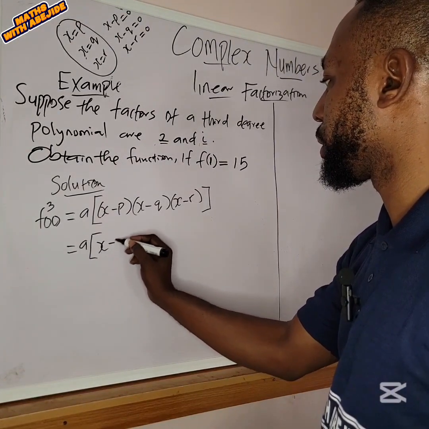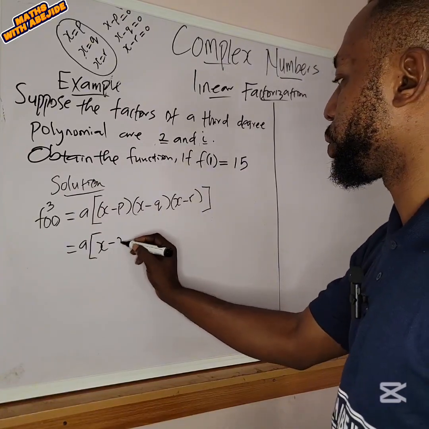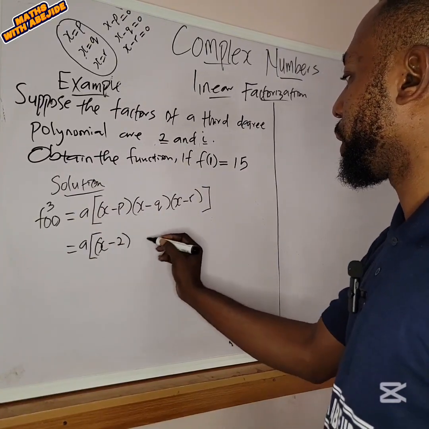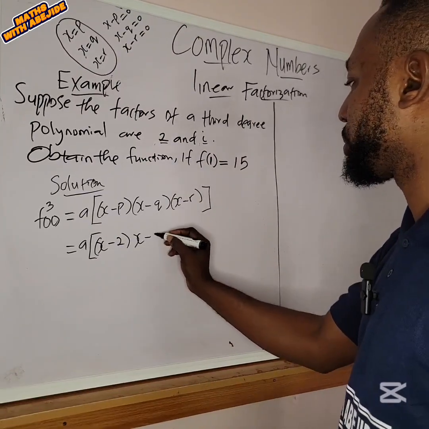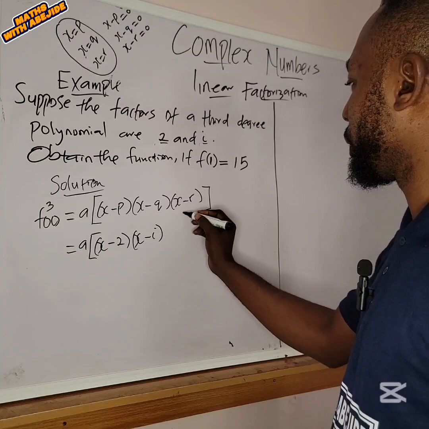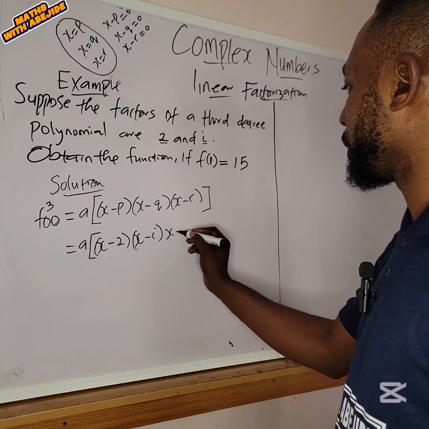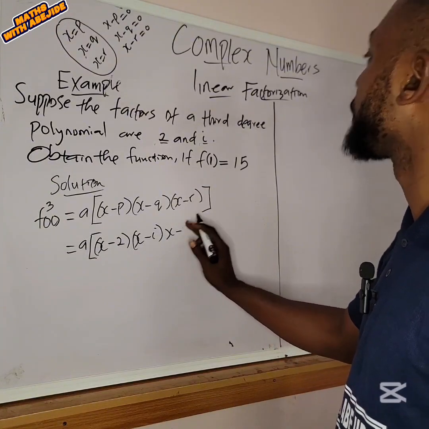Let's relate this to the first factor, which is 2. Then the second factor is i, right? x minus i. Then what will be the third factor, which is r, right?